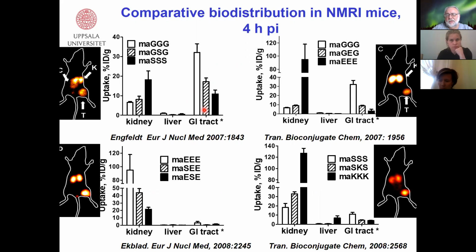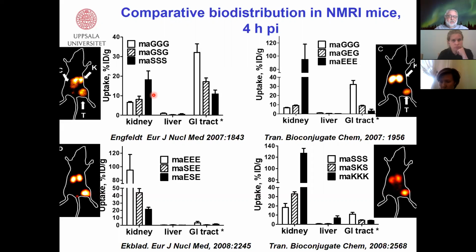This is total activity. When we substituted all three, it was a threefold reduction. In this mouse image, we can still see the blind gut or cecum, but now the tumor is brighter than the blind gut. So this indicated that we are on the right track, but we were still far from happy with these results.